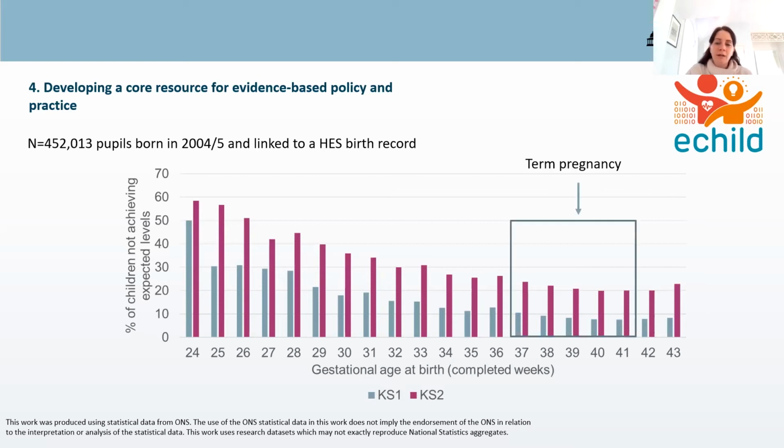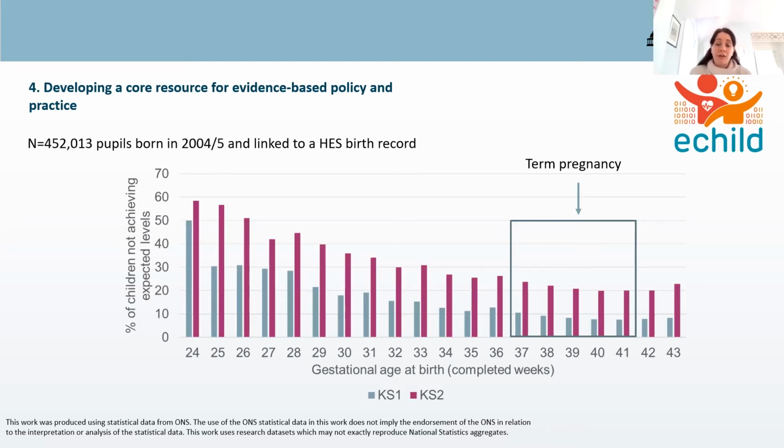Around 7% of children are born preterm in England, which means before 37 weeks of gestation. And we know that being born even a few weeks too early can still have a quite dramatic impact on a child's development. But evidence from other studies suggests that teachers don't always have a clear understanding of the additional needs of children born preterm.